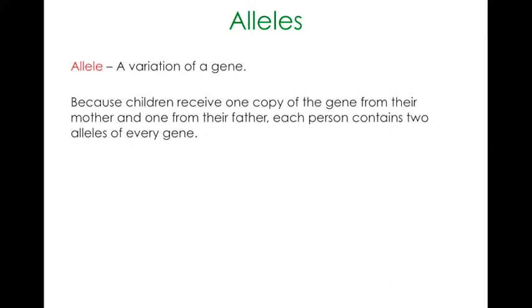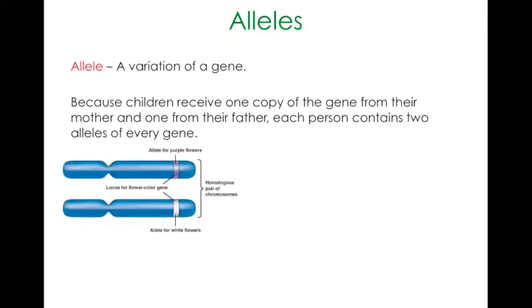Not just one copy of the gene, but two, in fact, because you receive one from your mum and one from your dad. The chromosomes in your body come in pairs, and one copy comes from mum, one copy comes from dad, which means the genes in their locations have slightly different coding instructions.